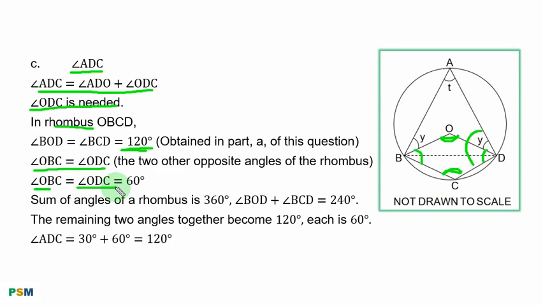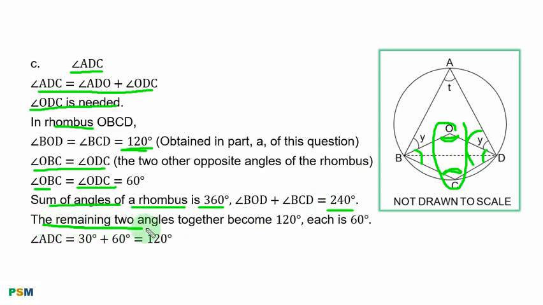Sum of angles of a rhombus is 360 degrees. Now, if you add these two opposite angles, you have 240 degrees.